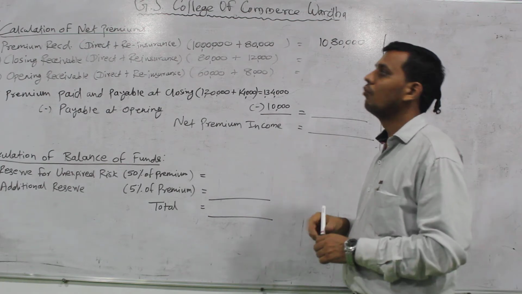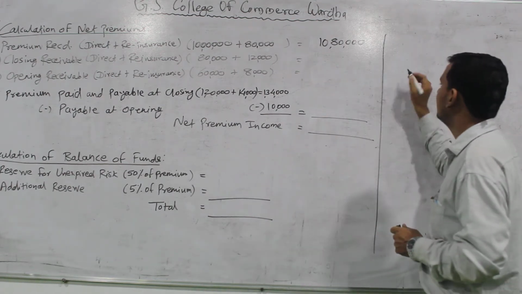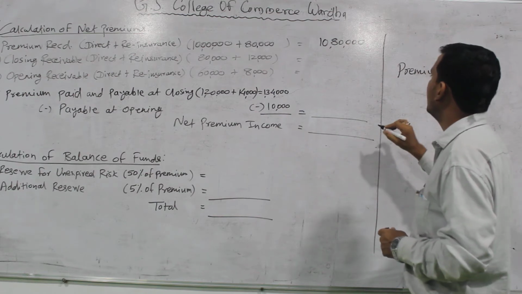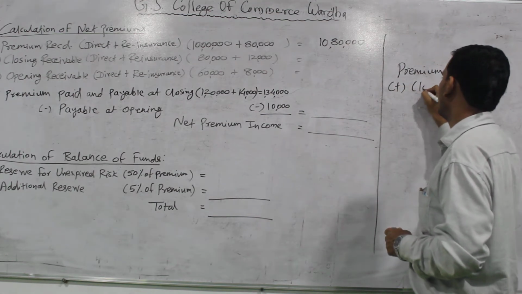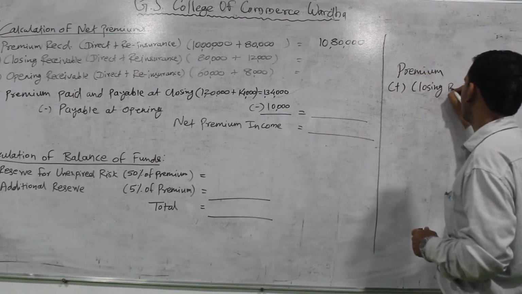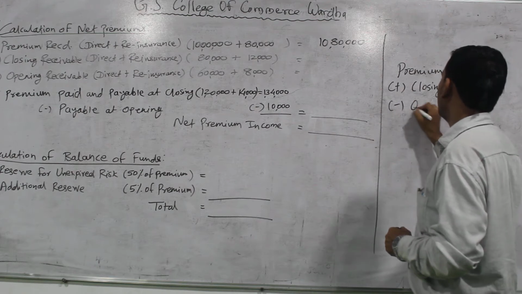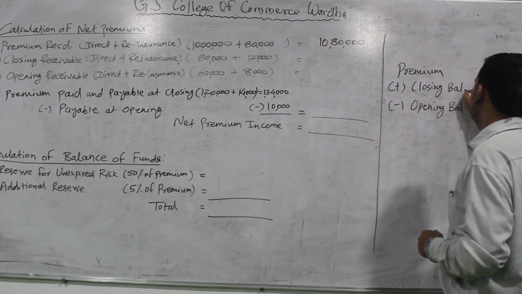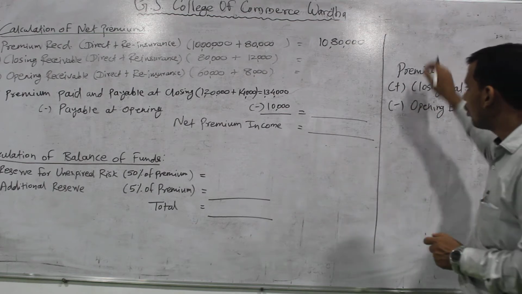What we have discussed earlier about what should be added and deducted in premium: we should add the closing balance, whereas the opening balance should be deducted. Remember this formula. With regard to claims, this formula will be followed as it is.